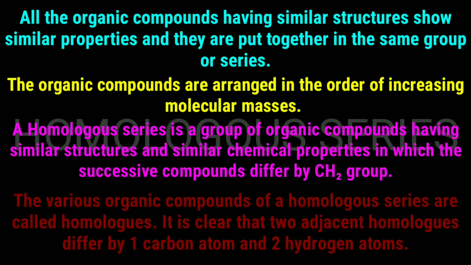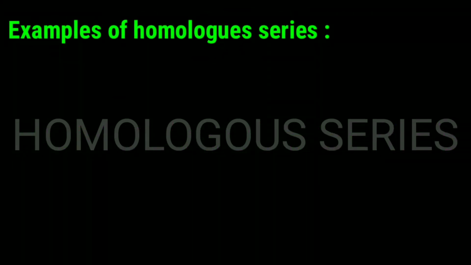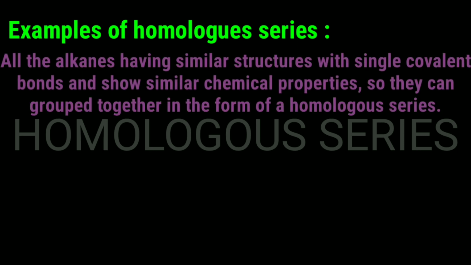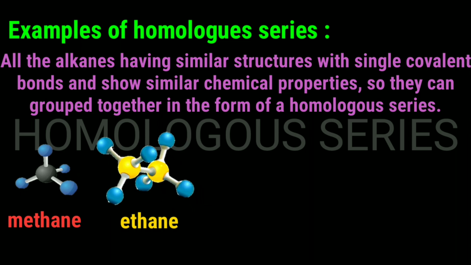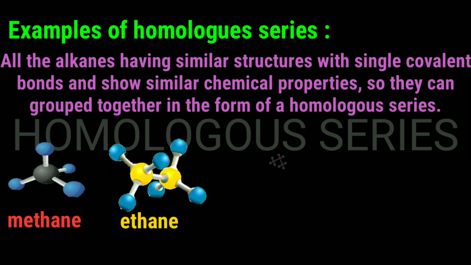The various organic compounds of a homologous series are called homologues. It is clear that the two adjacent homologues differ by one carbon atom and two hydrogen atoms. Examples of homologous series. All the alkanes have similar structures with single covalent bonds and so similar chemical properties.